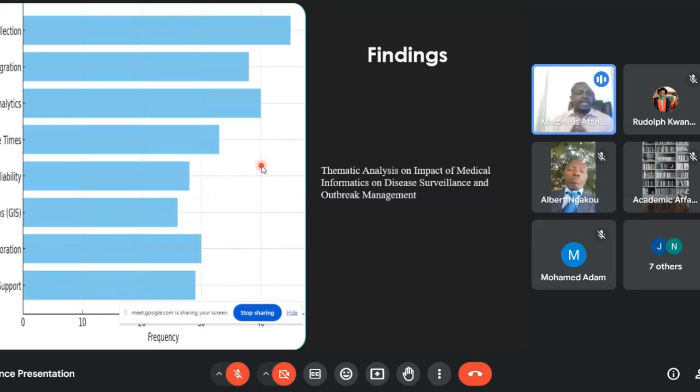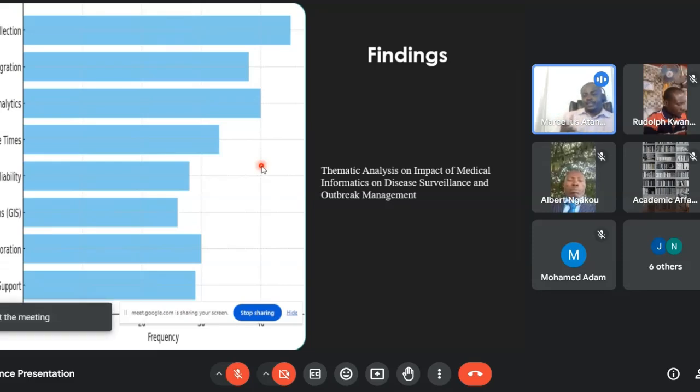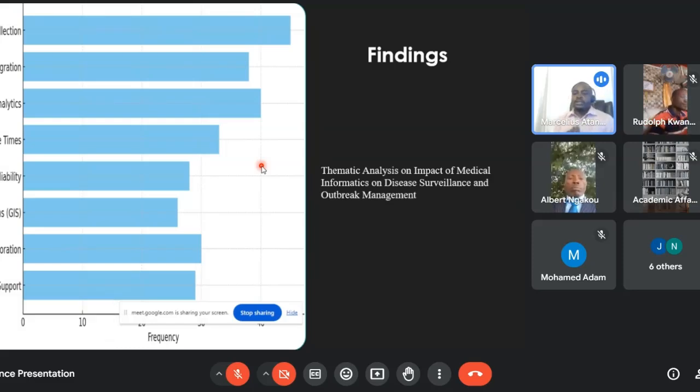We also have the enhanced data integration, predictive analytics. So these are the areas whereby medical informatics highly impact disease surveillance: real-time data collection, enhanced integration, and predictive analysis.